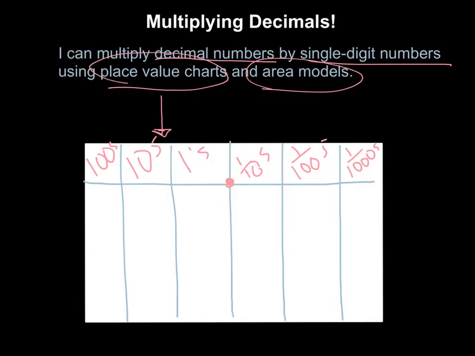So let's start by showing 2/10 on our place value chart, 2/10 using number discs. It should look something like this. Now what if I ask you to have 3 sets of 2/10? What would that look like on your place value chart?